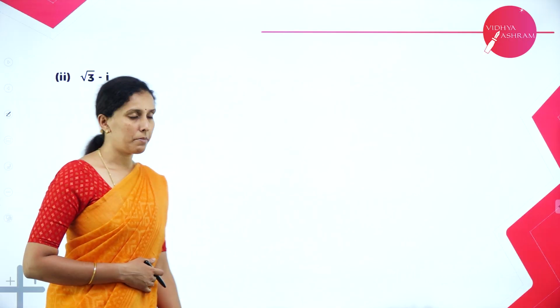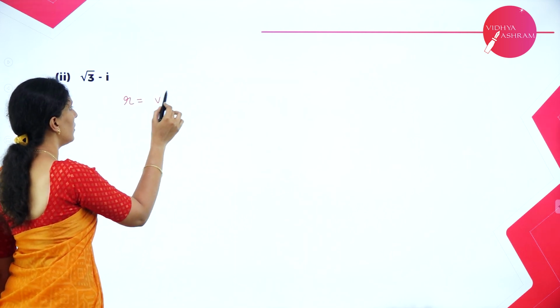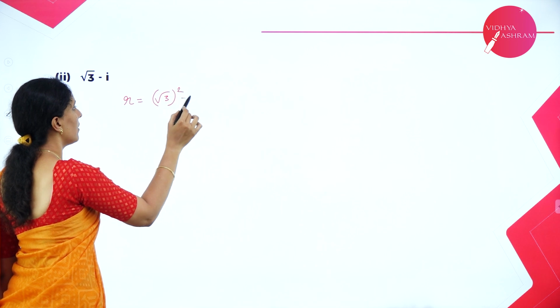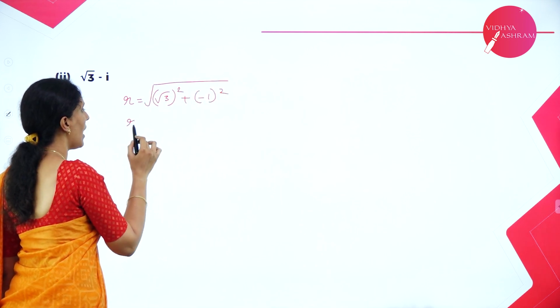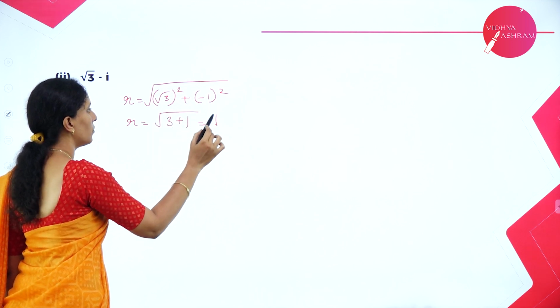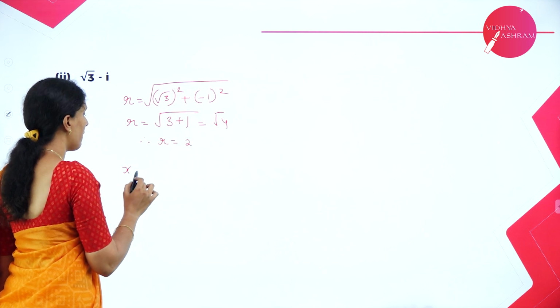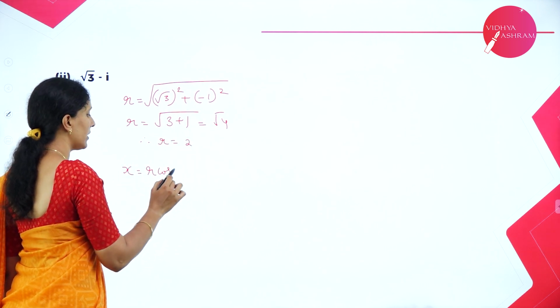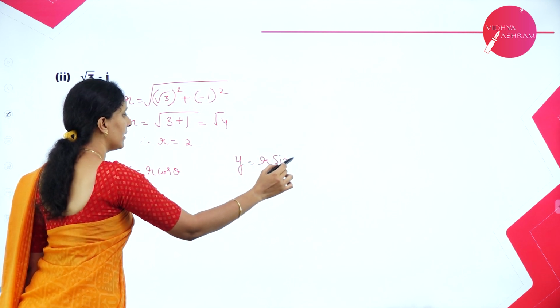Next we have root 3 minus i. Again we can directly take r as the square root of root 3 whole squared plus minus 1 whole squared. So r is equal to the square root of 3 plus 1, which is root 4, so r is equal to 2. Next we have x is equal to r cos theta, y is equal to r sin theta.